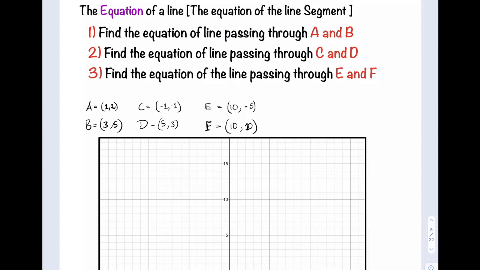In general, we find the equation of a line in three simple steps.